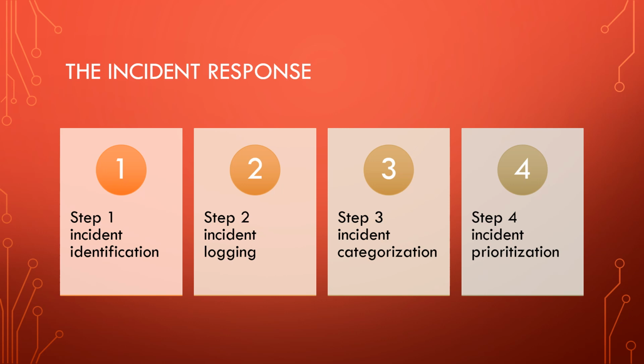Incident categorization. Categories must be assigned to make all data easier to find. This also helps to identify patterns of attack. Step 4. Incident prioritization. Each incident must be given a level of priority. If it can endanger someone, for instance, it will be given the highest level of priority. If it just slows down the servers, it's much more likely to be given a lower level of priority.